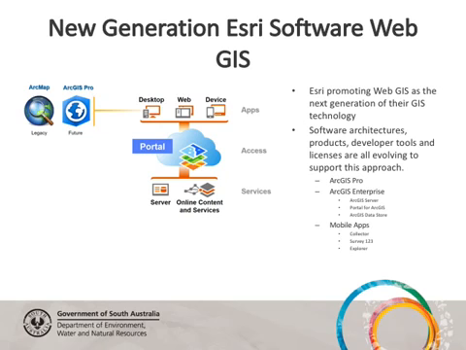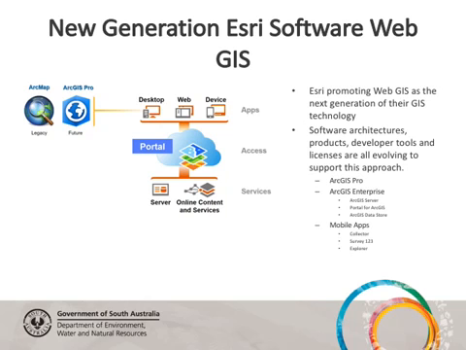Just to give a brief overview of where Esri's coming from now: while we've all been aware of desktop ArcGIS, ArcMap and ArcCatalog, there is now a heavy emphasis on both web mapping and devices, and viewing maps on devices.